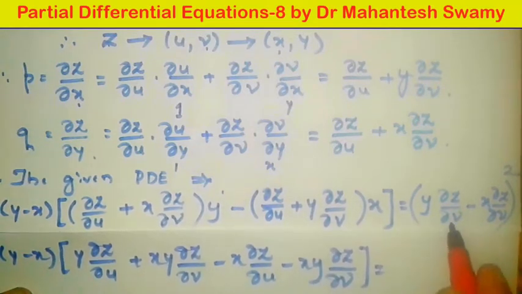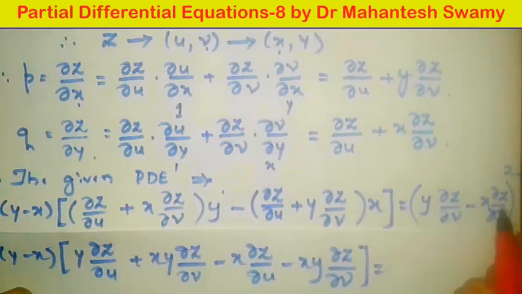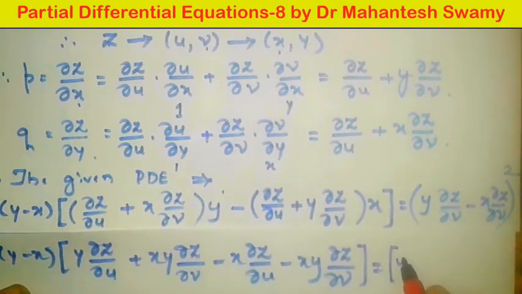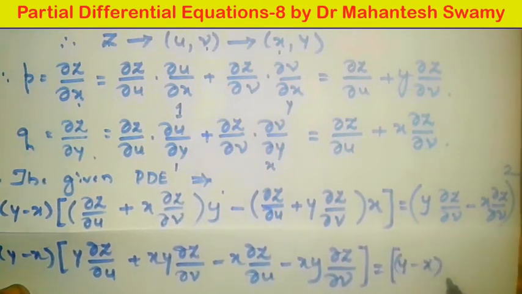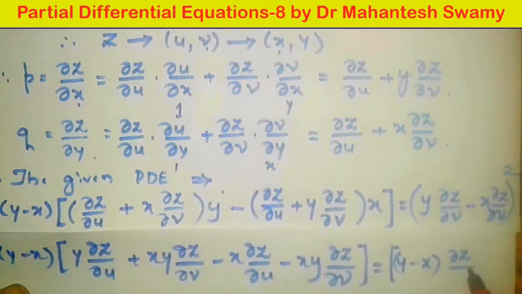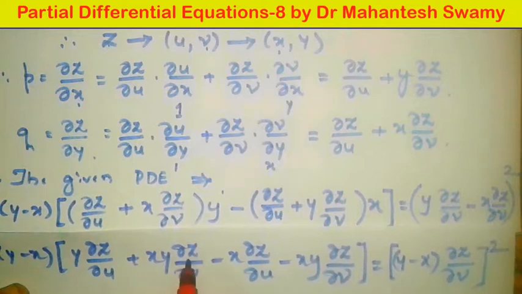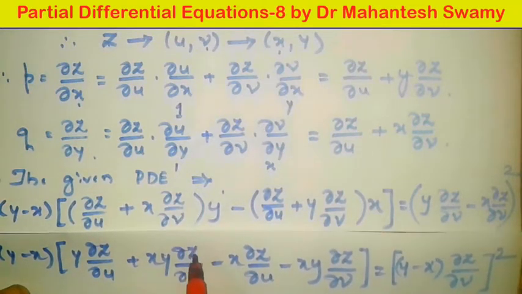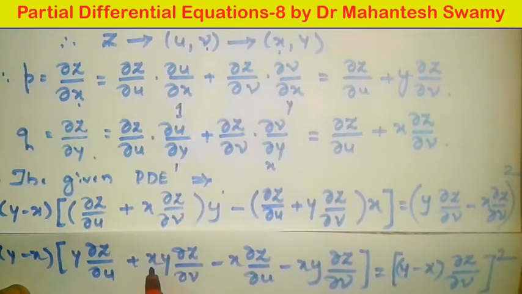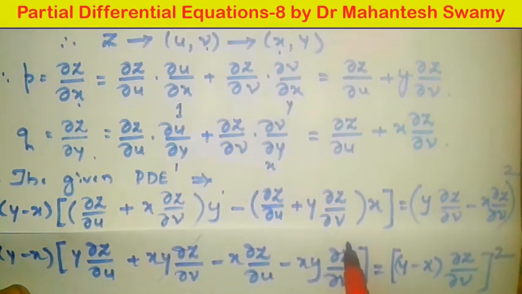On RHS it is y minus x into dou z by dou v, that can be taken outside. So here we can write y minus x within the bracket after taking dou z by dou v outside, and whole square as it is here. Now let us simplify this after cancelling these two terms. We can cancel these two terms, that is dou z by dou v multiplied with xy positive and this is negative.